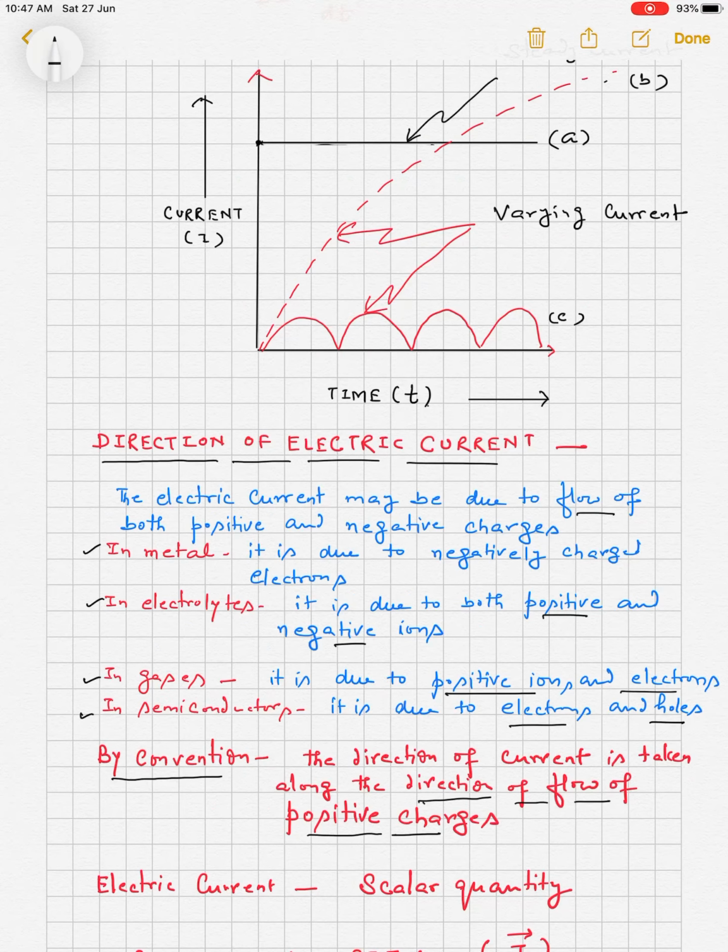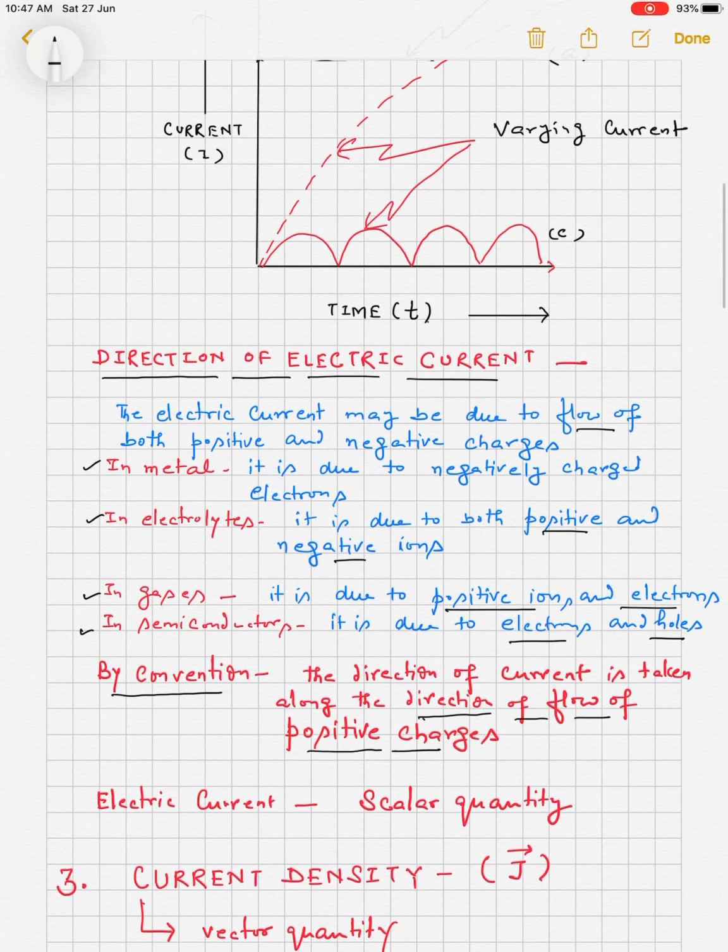The direction in which positive charge will flow, opposite to the flow of electrons, we will take as the direction of current. So electric current, the important thing, is a scalar quantity.